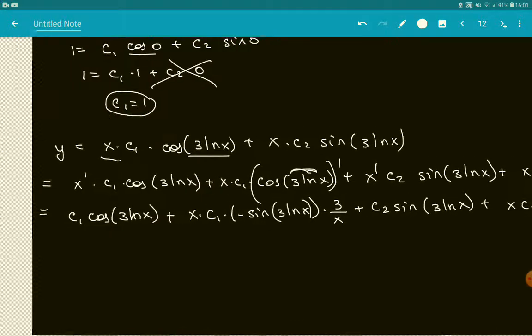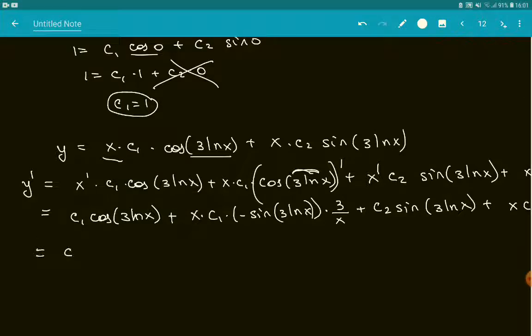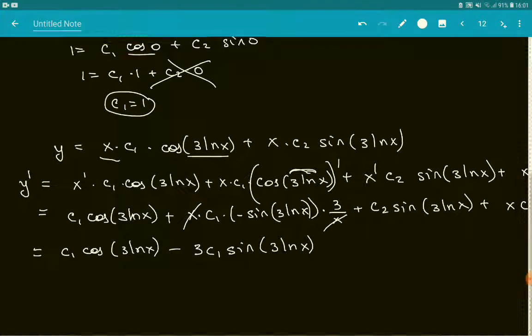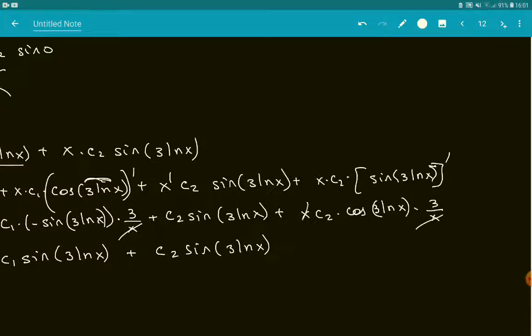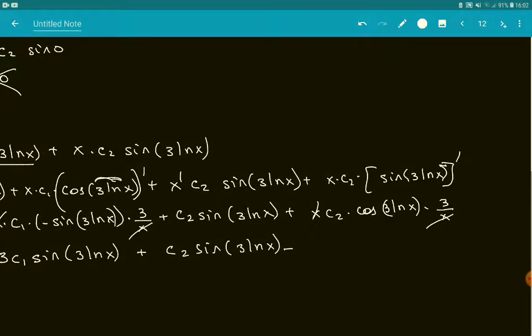So let us make it a bit basic. c1 cosine 3 ln x, and this x and this x go, so it will become negative 3c1 sine 3 ln x, plus c2 sine 3 ln x, and again the x here and here will go, multiplied by 3c2 cosine 3 ln x.